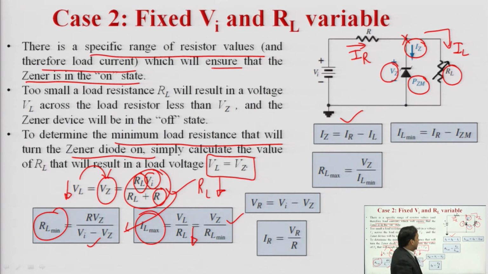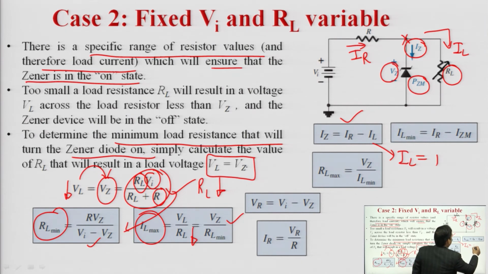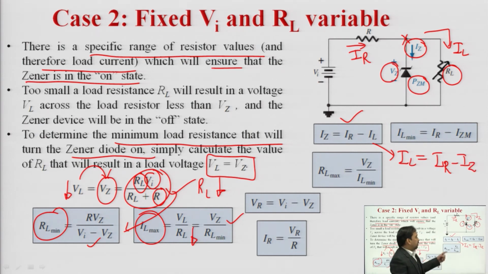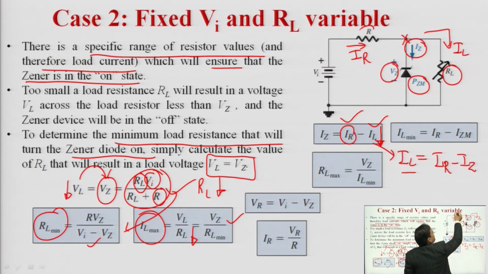If we rearrange this equation, IL equals IR minus IZ. We can see from this equation also that IR is fixed because the series resistance is fixed. So, if IL is minimum, naturally IZ will be maximum.